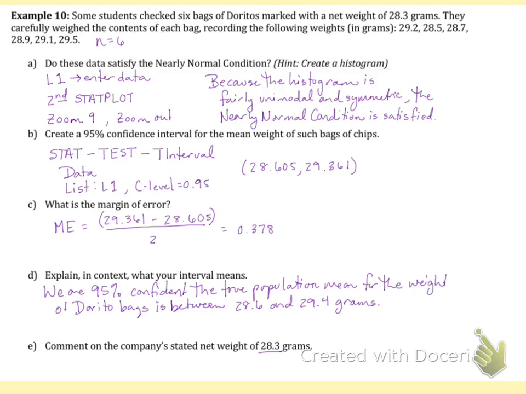So we would say that the company is being conservative in its stated weight. So they're going to make sure that the actual weight of the bags is completely above this 28.3 grams.